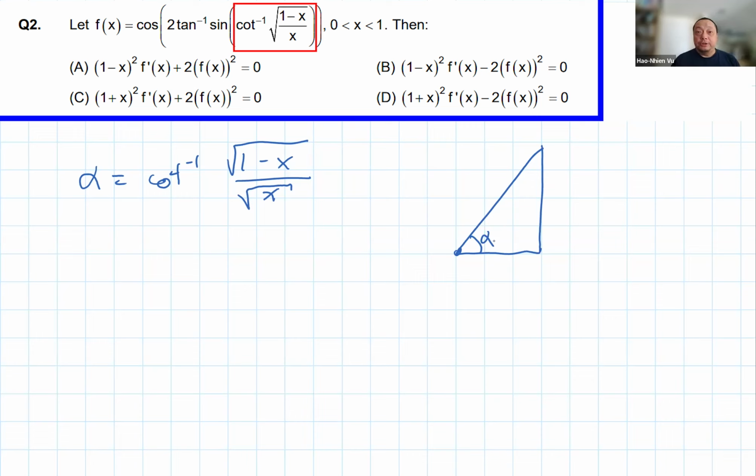That means in a right triangle, if alpha is that corner, then this side is square root of x and the adjacent side is square root of 1 minus x. Then let's use the Pythagorean theorem to calculate the hypotenuse. The square of the hypotenuse is the sum of the squares of the other two sides.